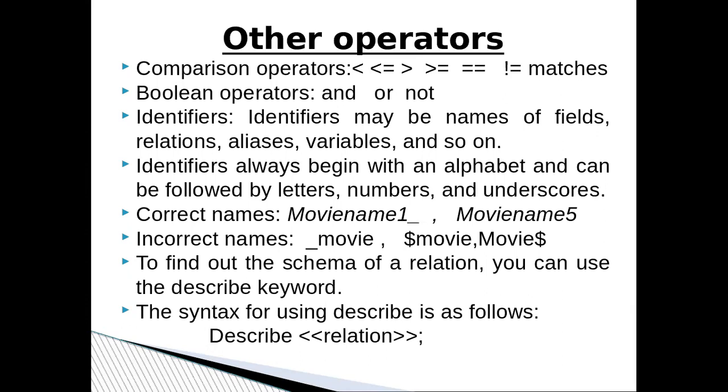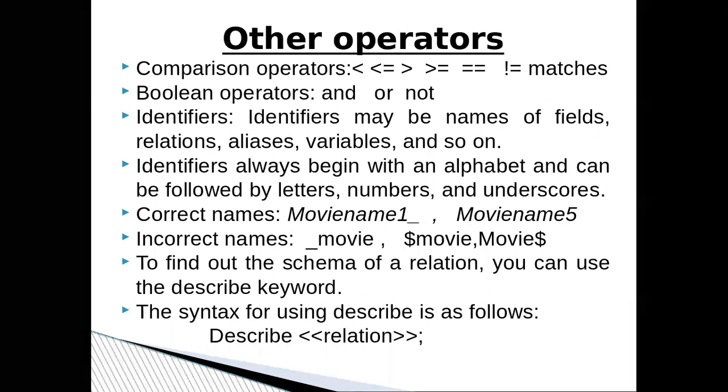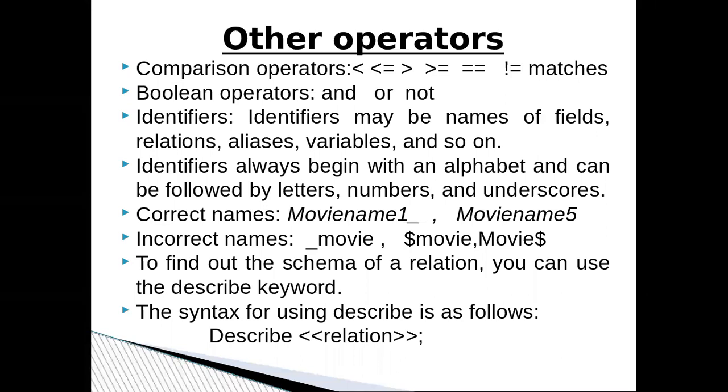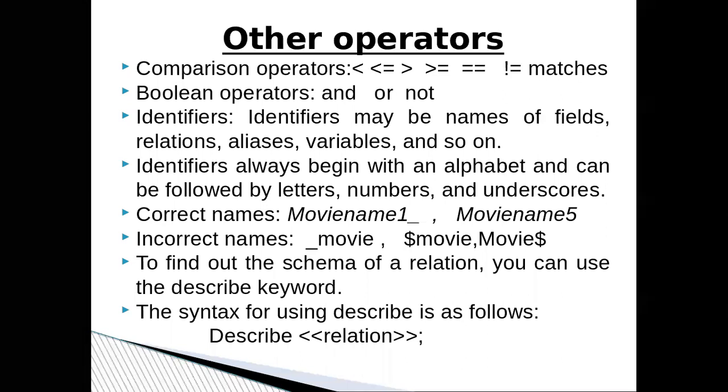Beginning with an alphabet, it can only contain letters, numbers, and underscores. For example, the correct identifier name would be the one that is written there, and the incorrect one is there. You cannot begin an identifier in Pig with an underscore or with any other character. It must begin with an alphabet, and it can have letters, numbers, and underscores only in its name.